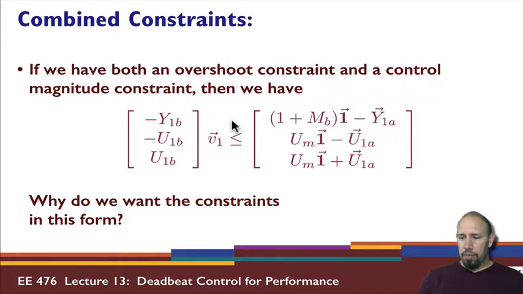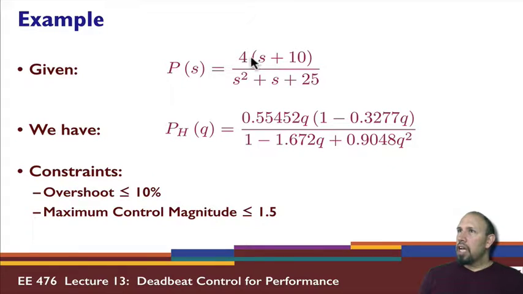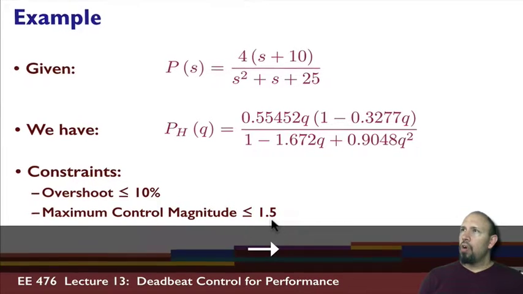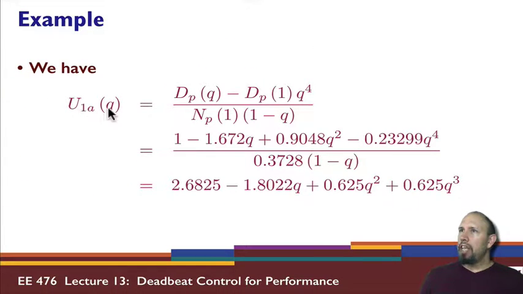For now, given this transfer function, I get this in discrete time, and I have the constraints: overshoot less than 10%, control magnitude less than or equal to 1.5. So I go through and form my U1A, which is given by this expression.